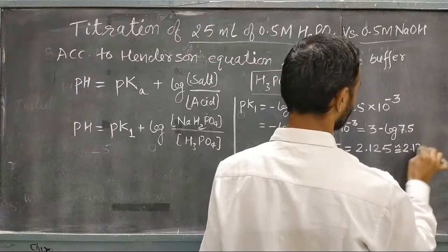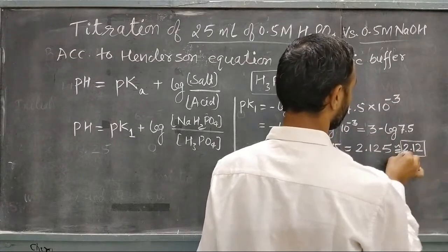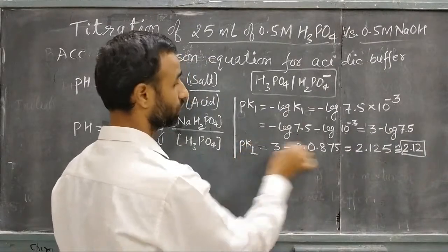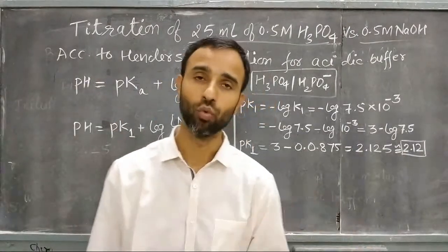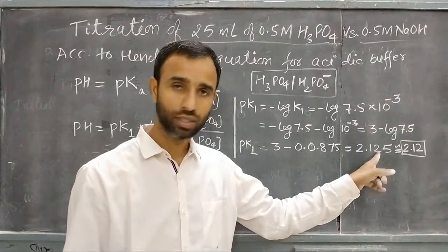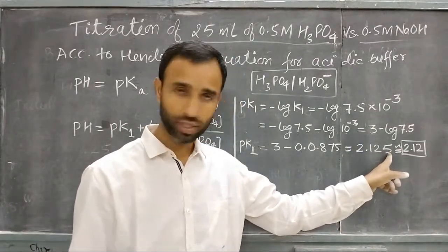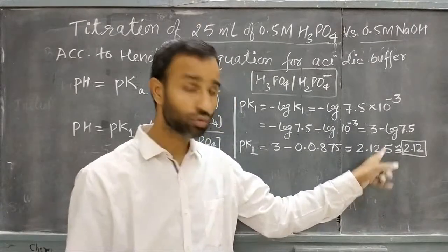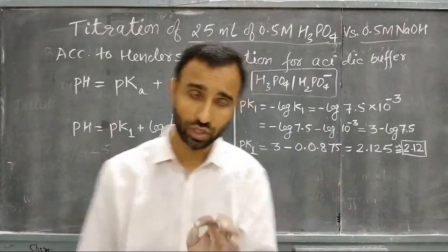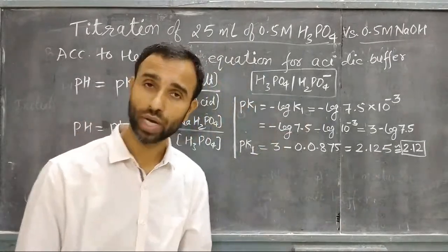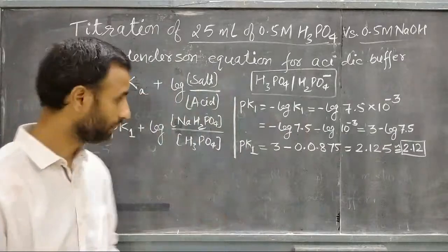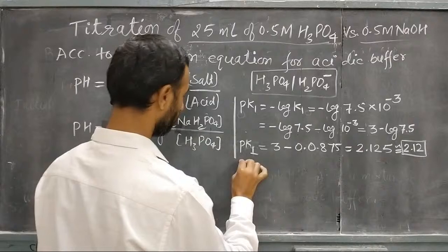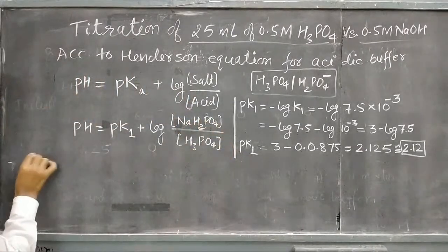On rounding off, it is 2.12. Keep in mind, it is 2.12 because the preceding digit is even: if the last digit is 5 and the preceding number is even, it remains the same and does not change. So pK1 is 2.12.